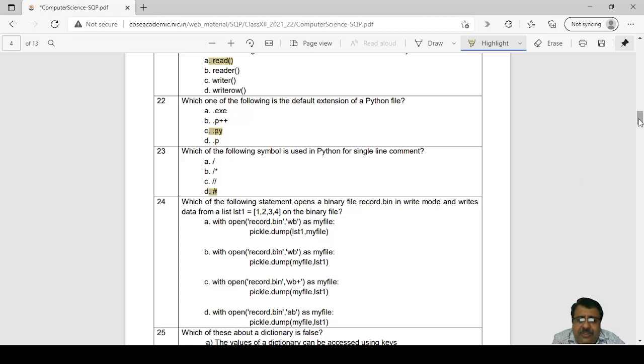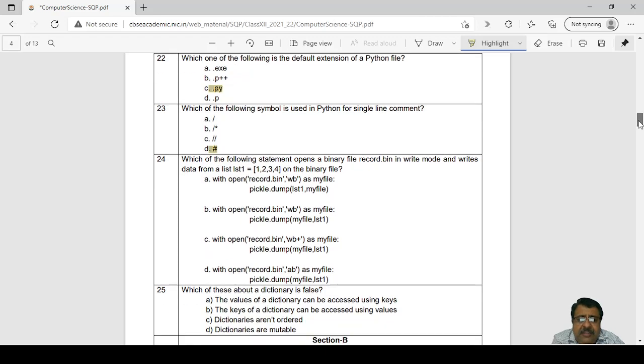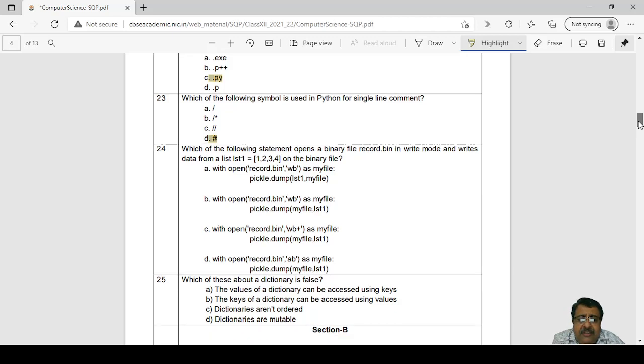Which of the following statements opens a binary file record.bin in write mode and writes the data on the binary file? So, obviously, the answer is option A.